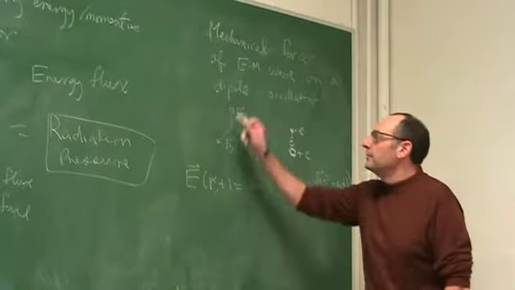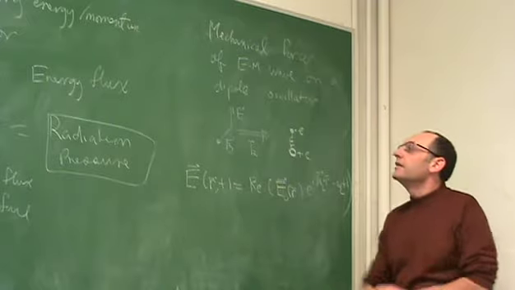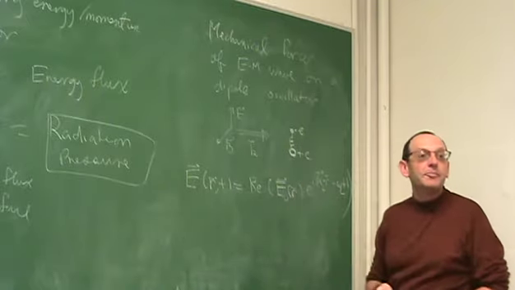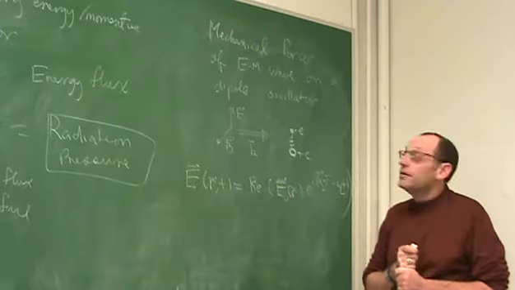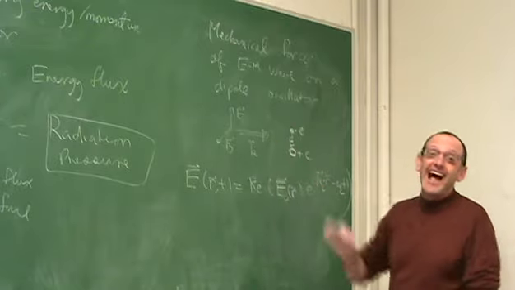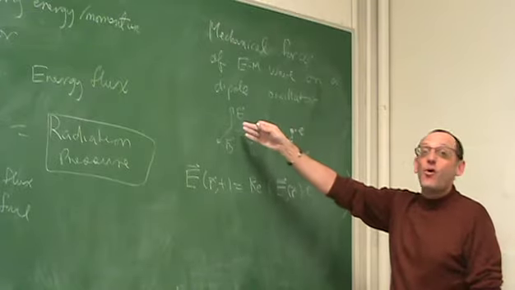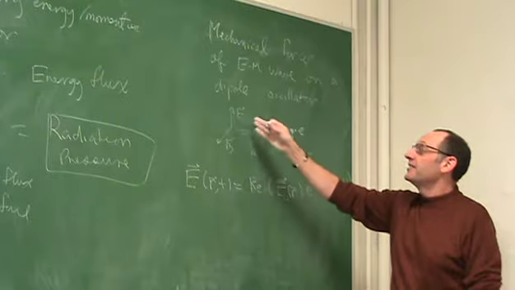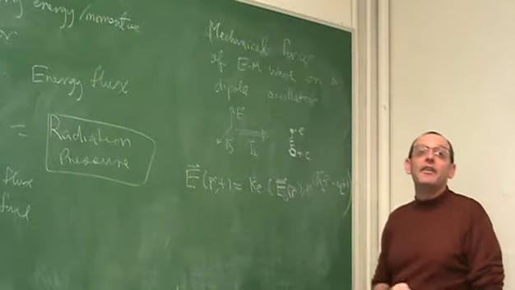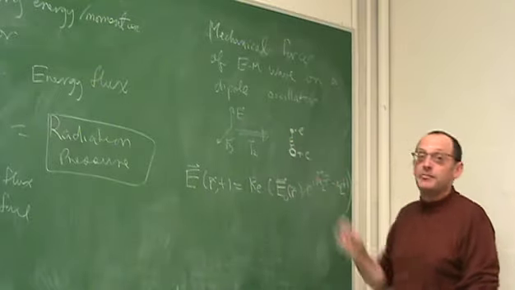Okay, and then the magnetic field is the perpendicular thing. E cross B is k. So let's think about, just classically, what is the force exerted by this wave on this set of bound charges?